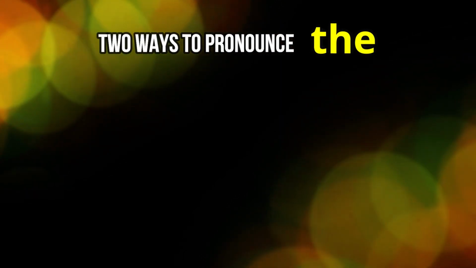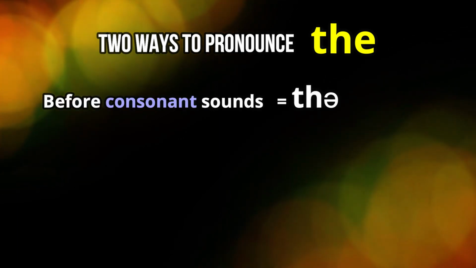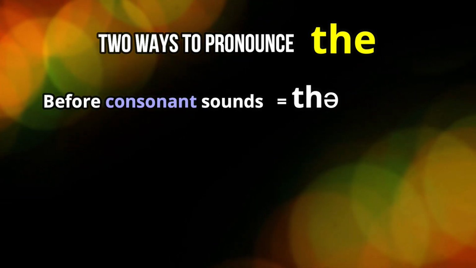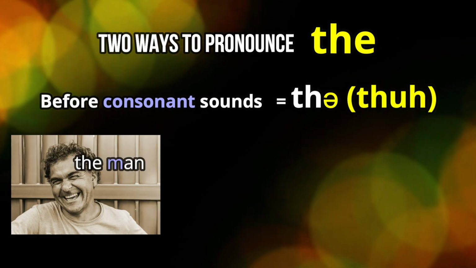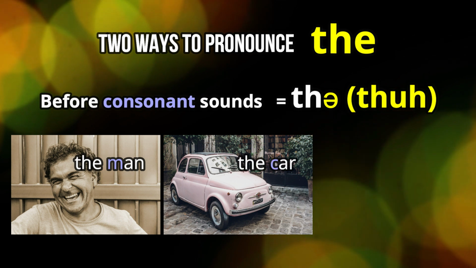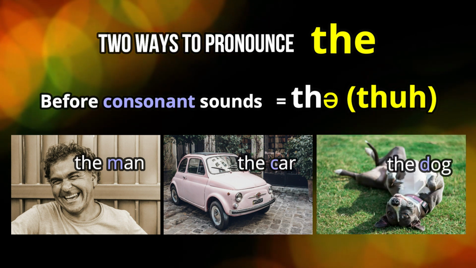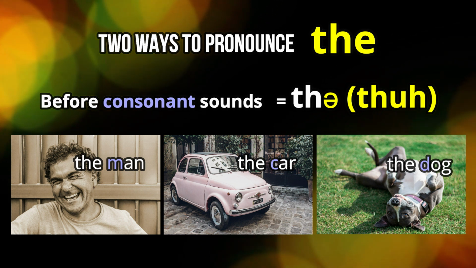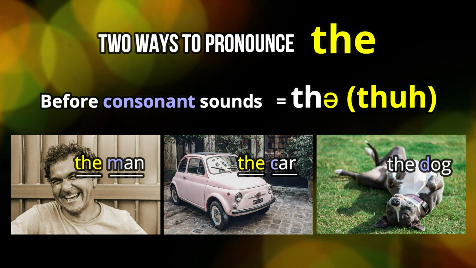And there's just one more thing I want to talk about in this video, and it's about pronunciation with the. Before consonant sounds, the sounds like thuh. For example, the man, the car, the dog, all right? It's almost distinct two sounds, two words, right? The man, the car, the dog.